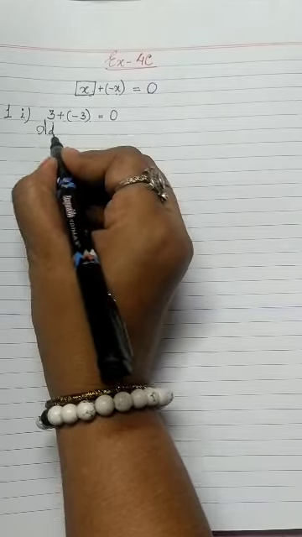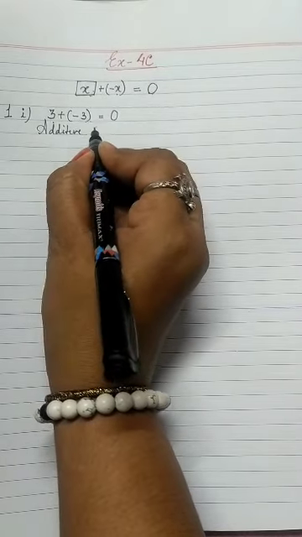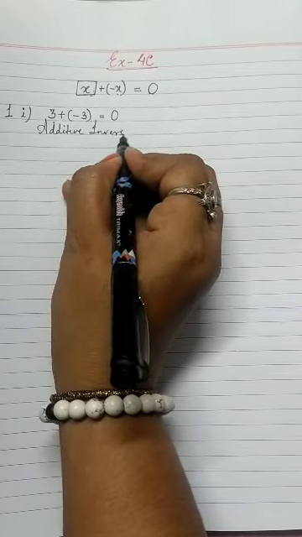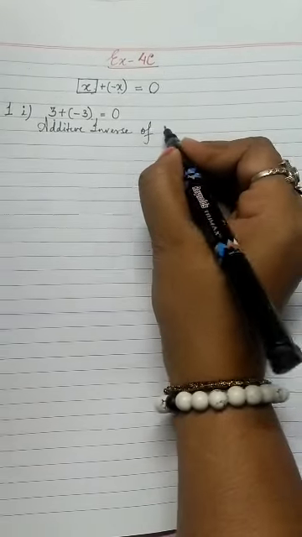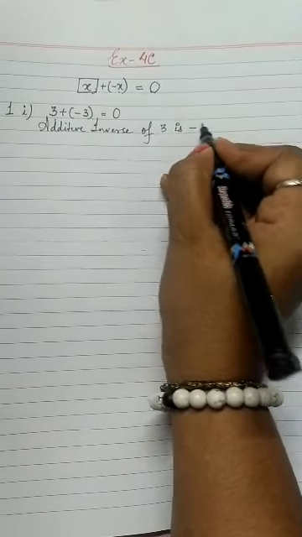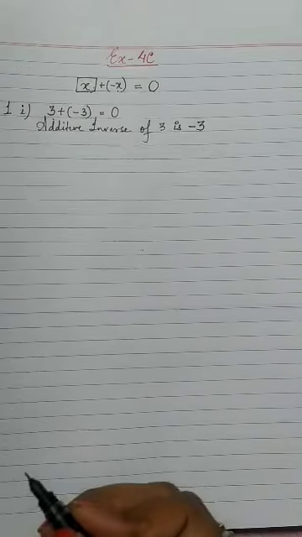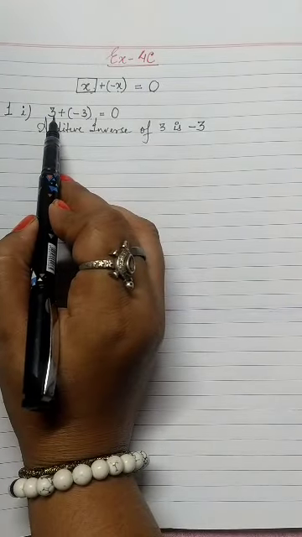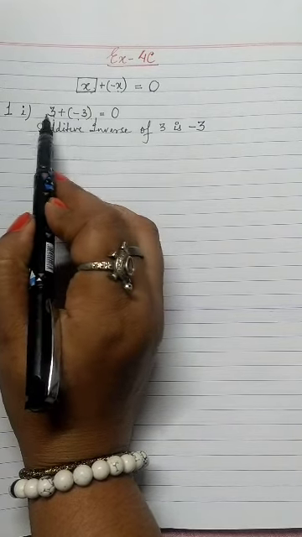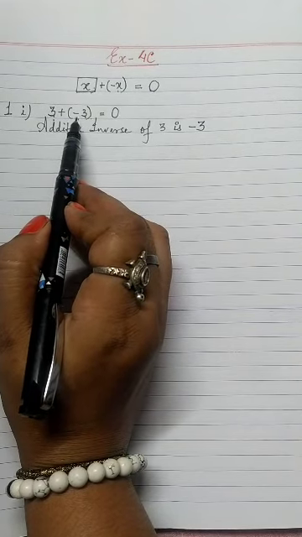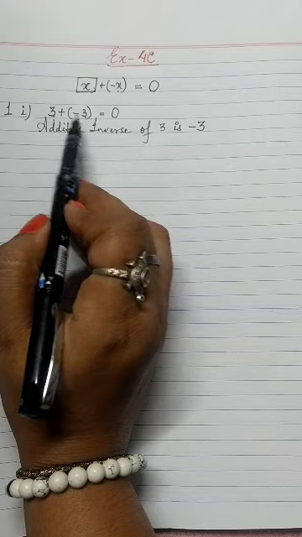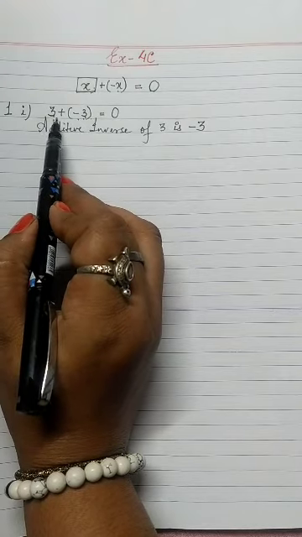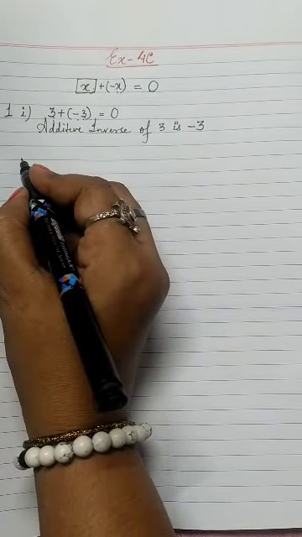So, the additive inverse of 3 is minus 3. The basic trick behind it is that the sign of the given number and the additive inverse are just opposite. If you have a 3, the additive inverse will be minus 3. If you have minus 3, the additive inverse will be plus 3. This is the trick to remember it.